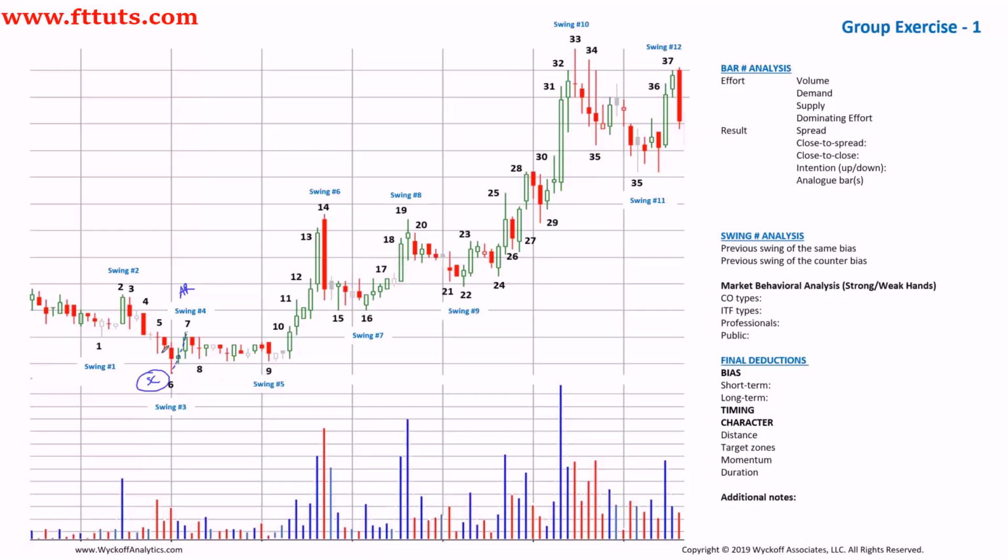Looking at the previous rallies on the decline, what can we say about this rally between 6 and 7? It should be a bigger rally. Yes, between 6 and 7. After the climactic run, we're going to have an automatic rally, and that's going to create a change of character. Rick, what does change of character suggest to us at this point?